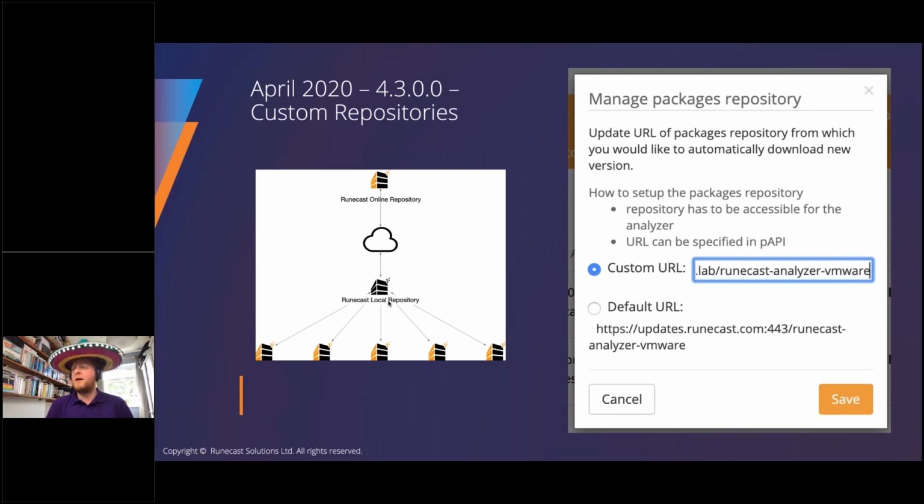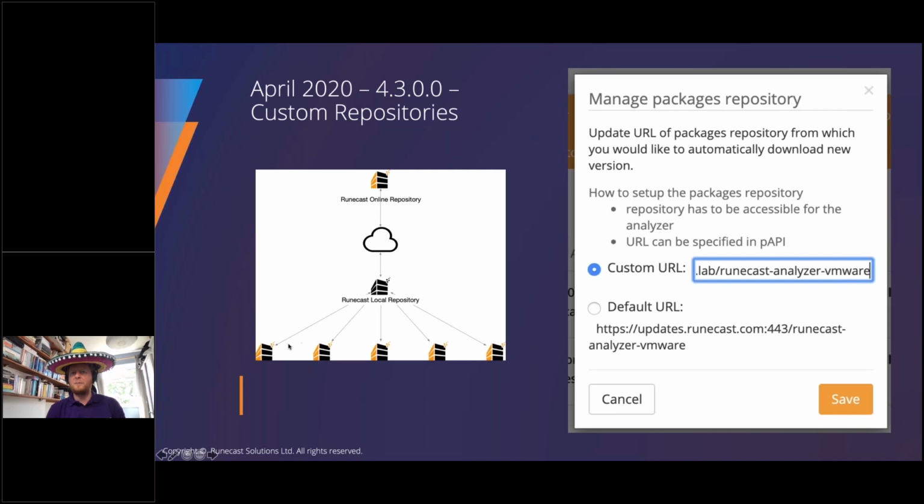We should have a blog post going up in the next few days, hopefully, that will walk you through everything you need to do in order to set this up. But it's super simple. I'm not a Linux guru, and I managed to set mine up in less than 10 minutes. And then all you have to do is go to your settings on your Runecast Analyzer appliances, all of these individual appliances, and point them to this internal URL.